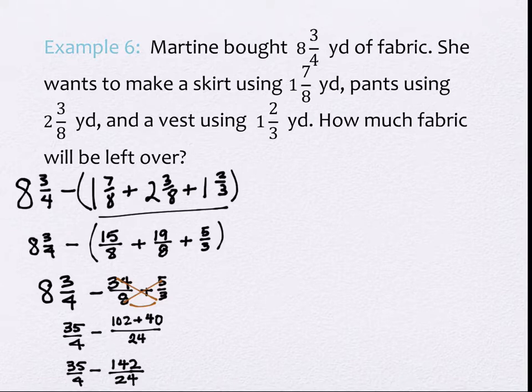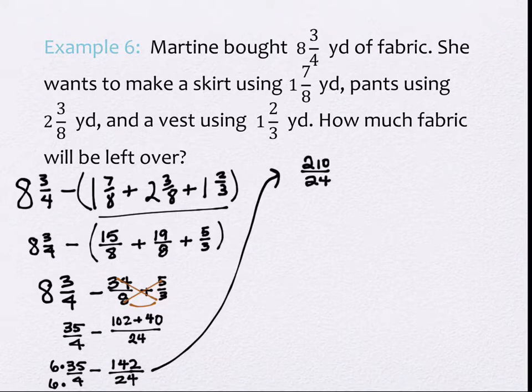So instead of doing that, I'd like to keep it smaller, personal preference, and multiply the denominator and the numerator here by 6 to get me my 24 instead. So it is 6 times 35. 210 over 24 minus 142 over 24.